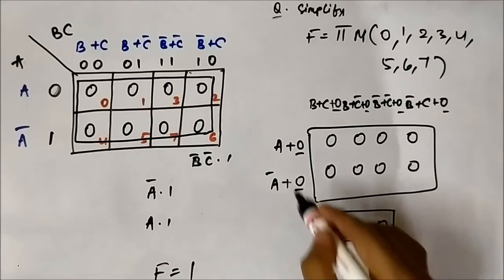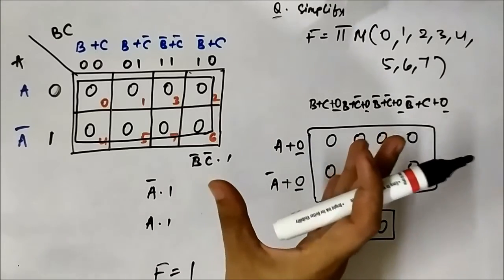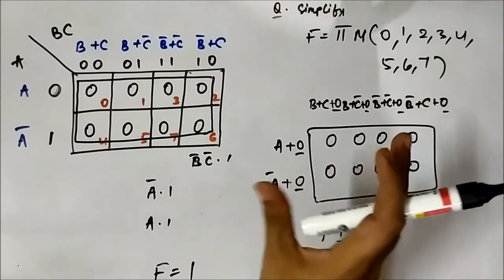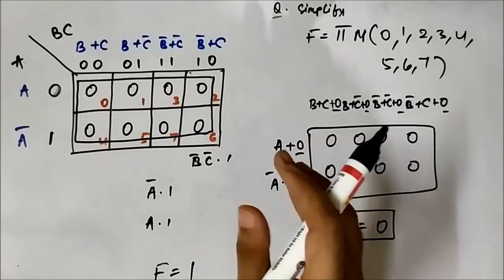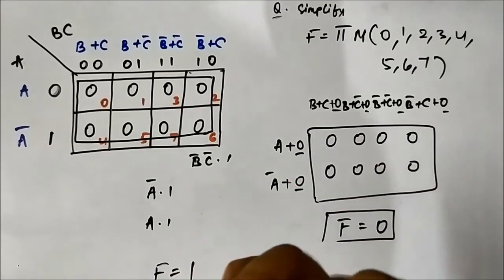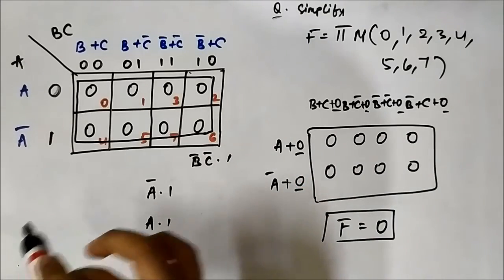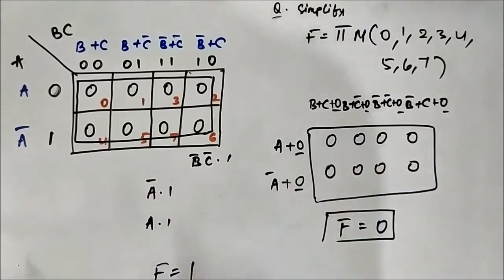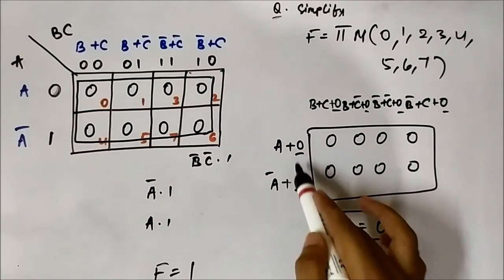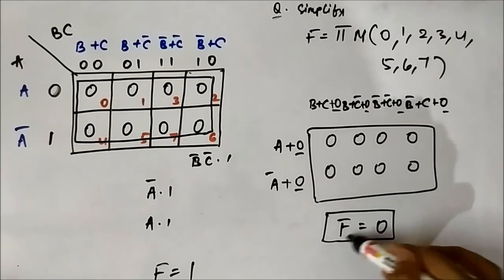So understand why we ORed 0, because if we OR 0 with it, the value does not change. We can only make changes so that the value remains unaltered. Taking that into consideration, we ORed 0. We cannot do any other thing. As it is in POS form, we ORed it with 0, the value remains unchanged, and we got a common variable as 0.